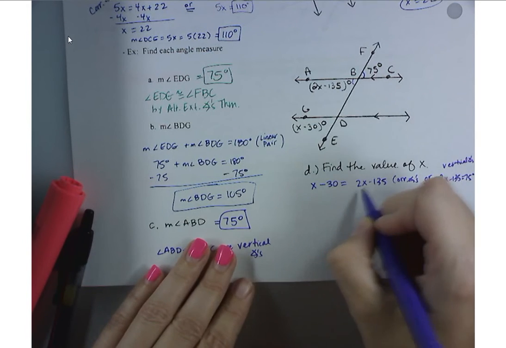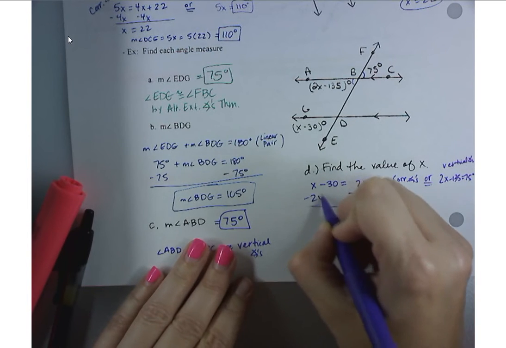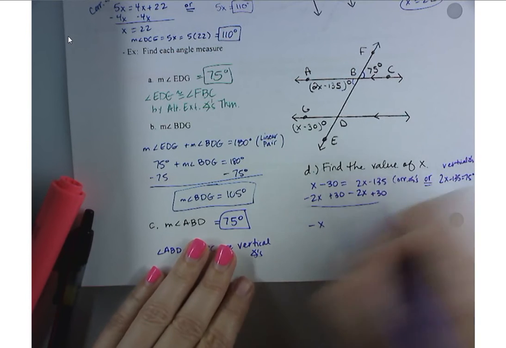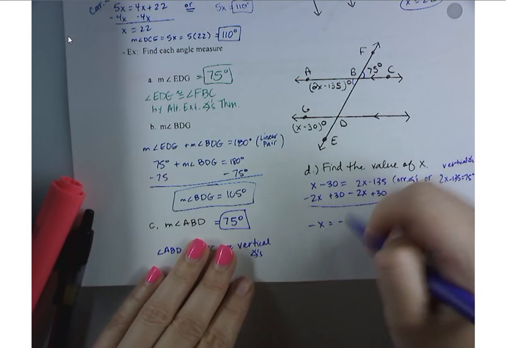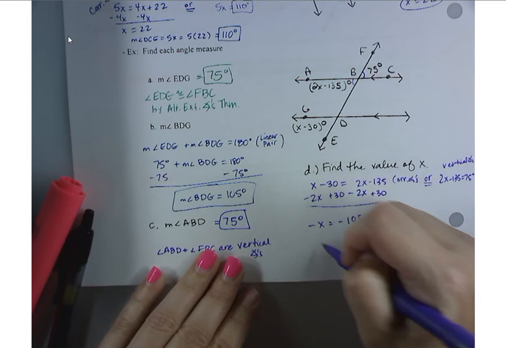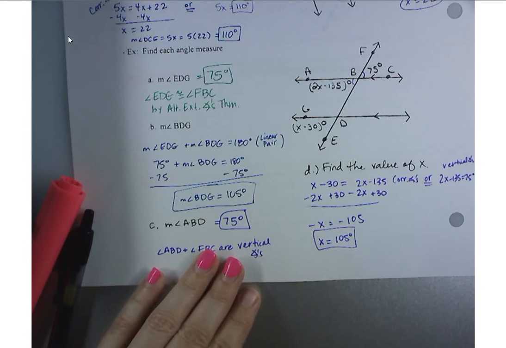Okay, so either way, you want to get all your x's on one side. So this would be negative x. I'd add 30 over. I would get negative 105. So positive x would equal positive 105.